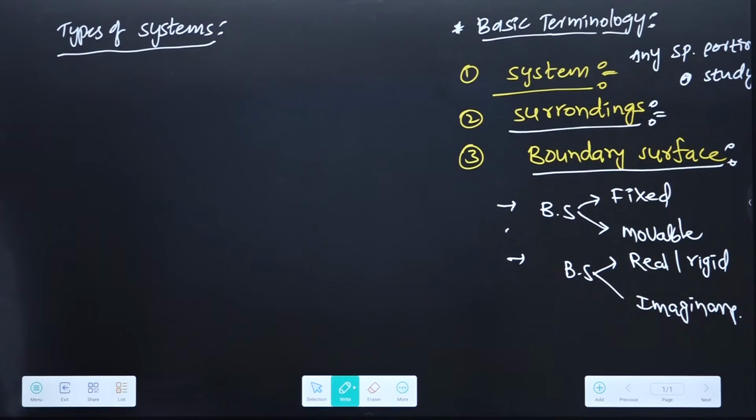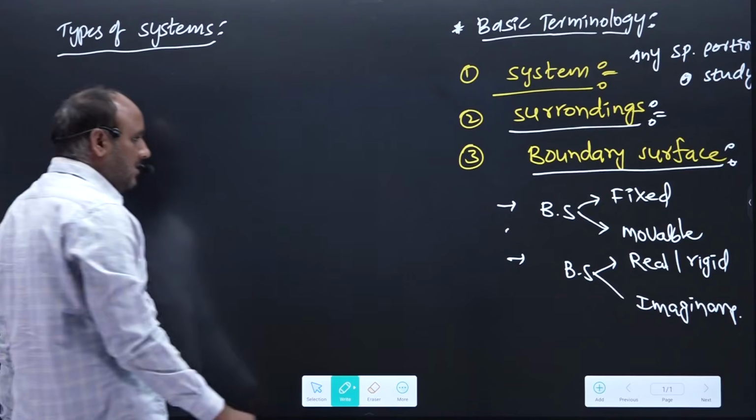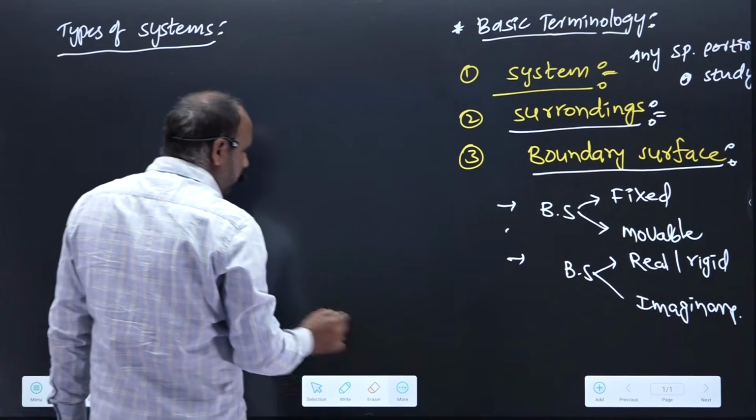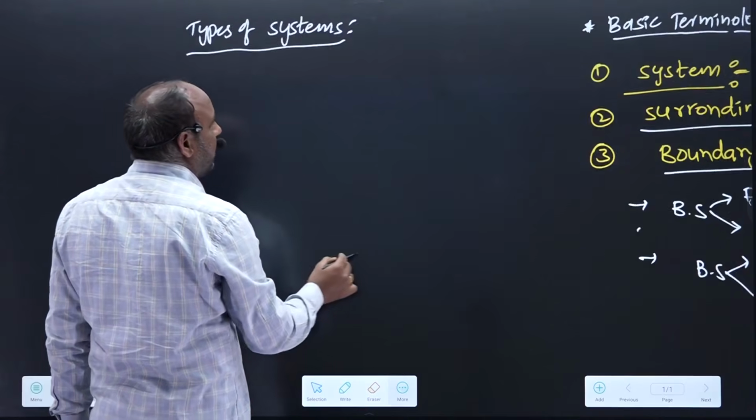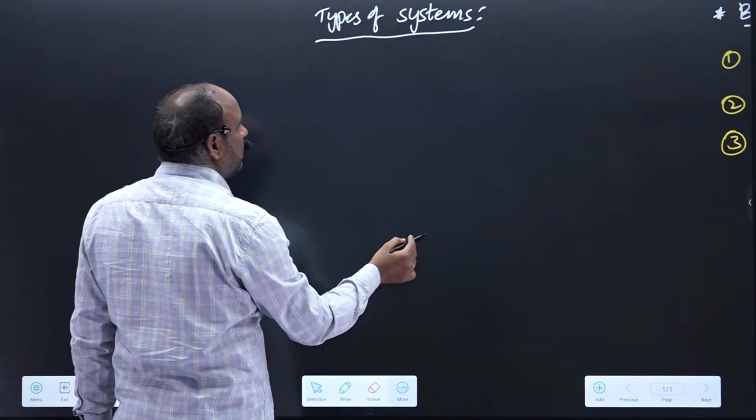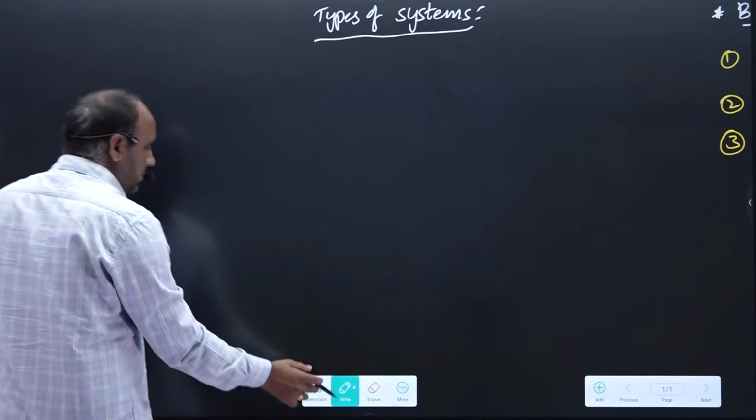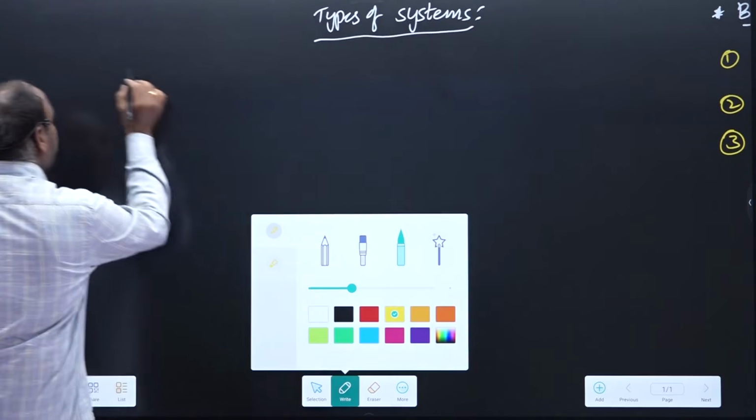Write down the types of systems. Three types. What are those? Open system, closed system, isolated system, right? I'll give all the types of systems with the help of simple notations and diagrams. First one, open system.